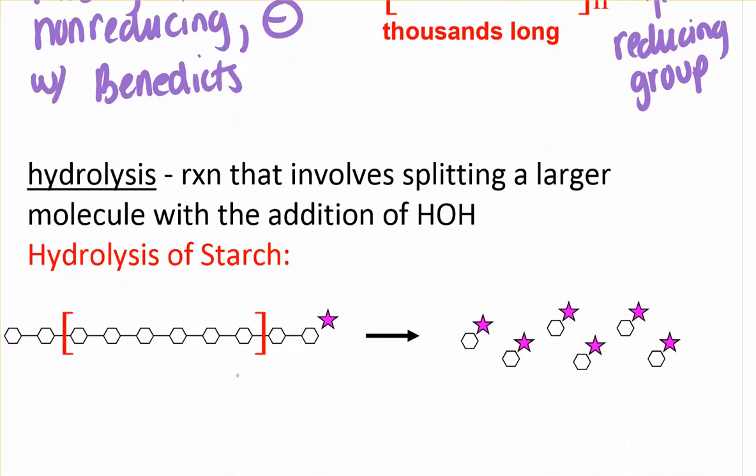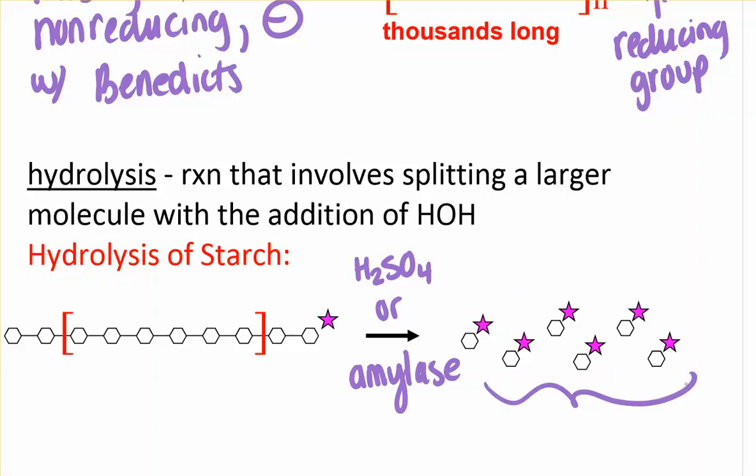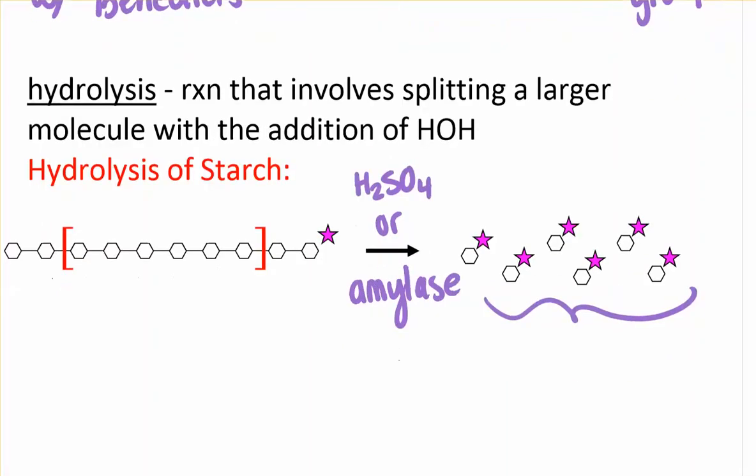So we got a really long starch molecule, and if we perform hydrolysis, we could use two different catalysts for this. We're going to try using sulfuric acid as a catalyst or amylase as a catalyst. If you do one of those two things and it gets broken up, you incubate it, and then if you test this solution, this would test positive.